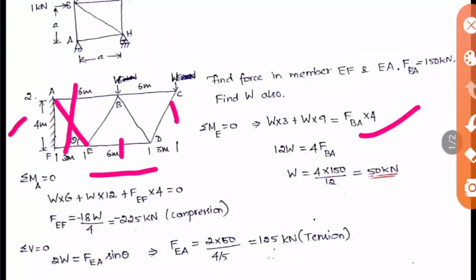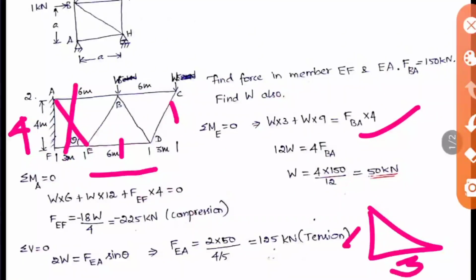The opposite side is 4 here and the hypotenuse is 5 here, just by Pythagoras theorem. You have 3 here, 4 here, so root of 4 square plus 3 square, you get root 25, so the answer will be 5. So that side is 5, so 4 by 5, and you are getting the answer as 125.